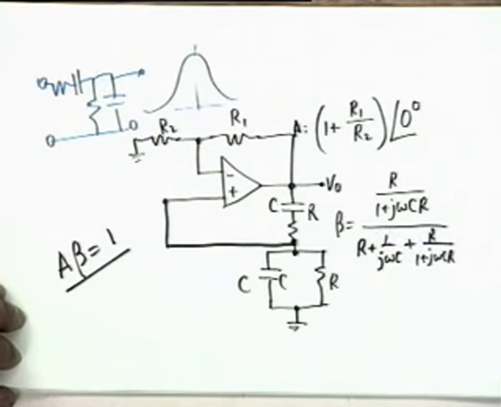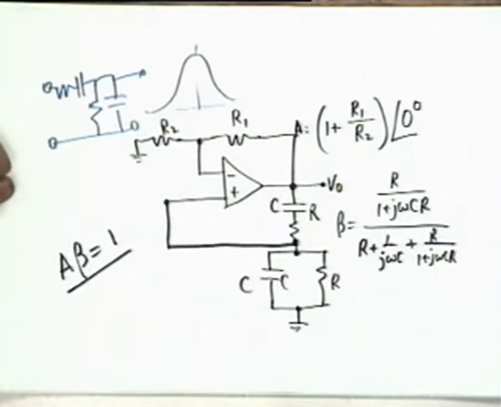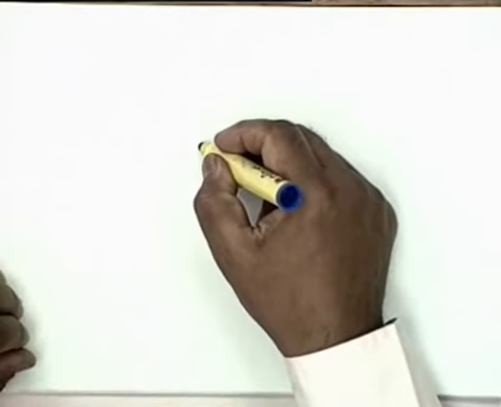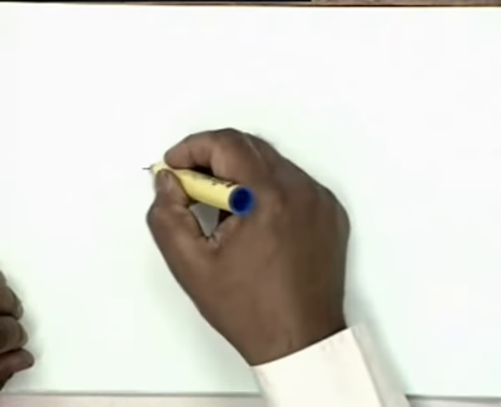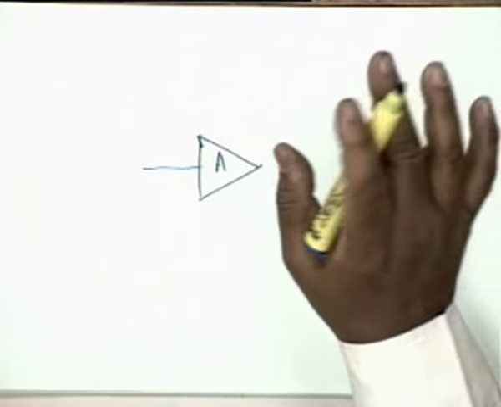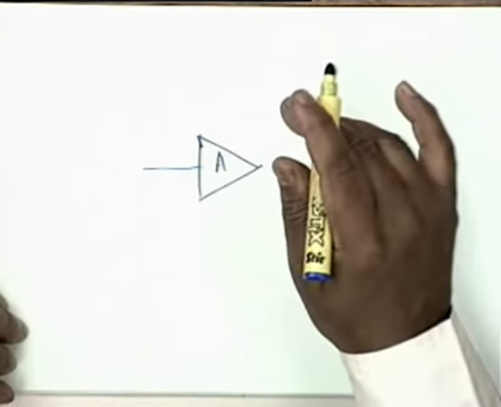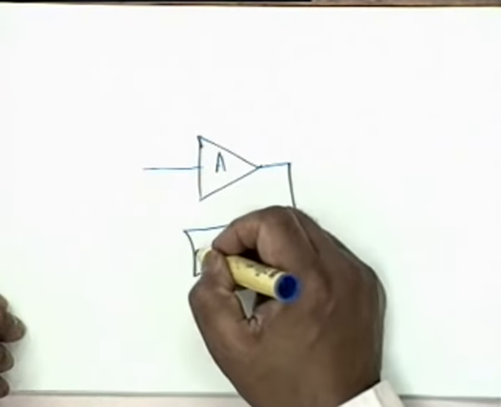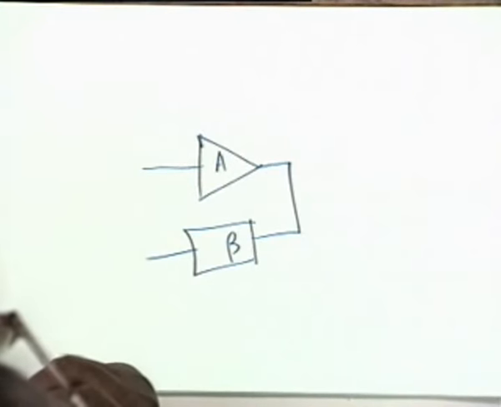But what I was mentioning is the philosophy of analysis in any oscillator circuit. You don't have to identify A and beta. If the circuit is complicated, you don't have to apply the feedback method. There is a simpler way. You open the loop. Don't close the loop. An oscillator is a closed loop circuit, positive feedback.